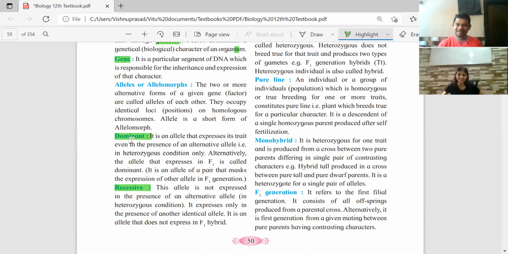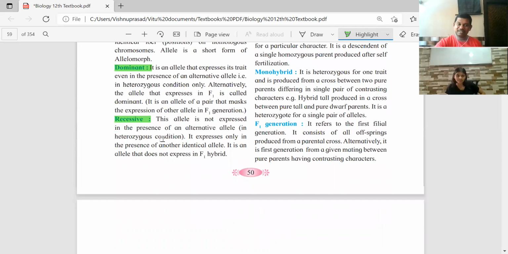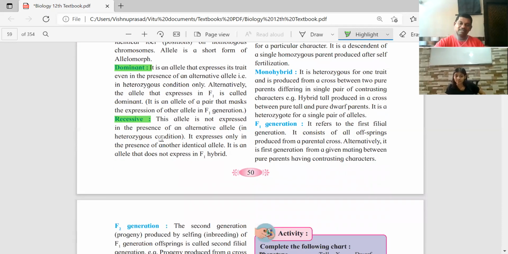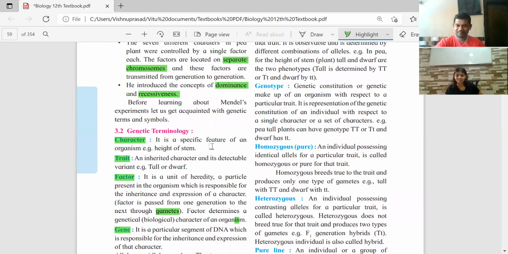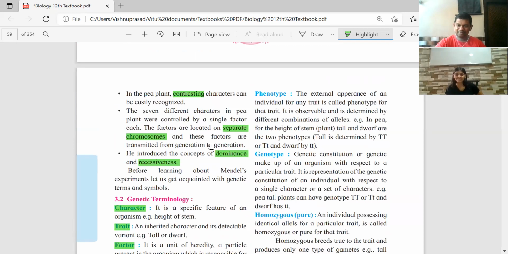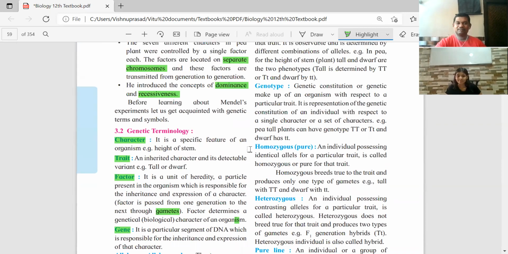It is recessive allele. Recessive allele is expressed only when there is another recessive allele. Otherwise, the recessive allele will not express. That leads to two more words, something called homozygous and heterozygous.